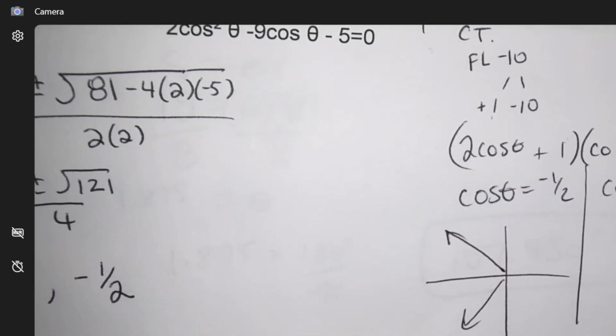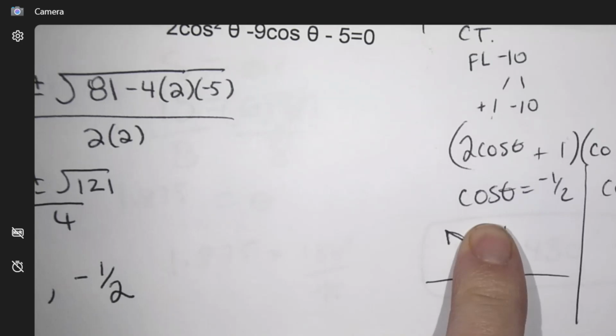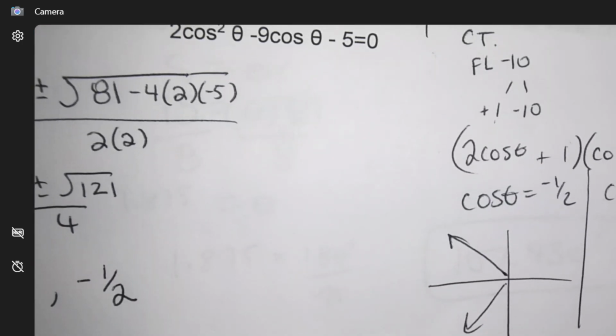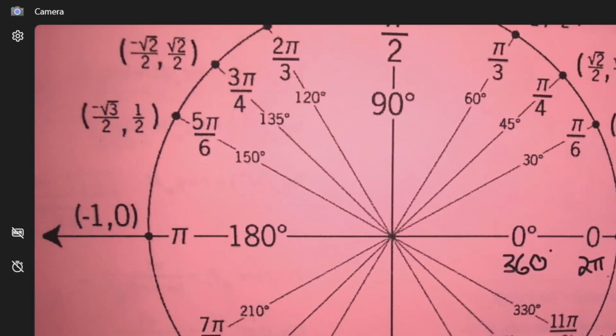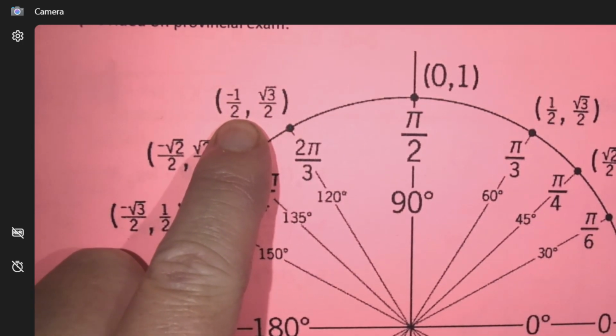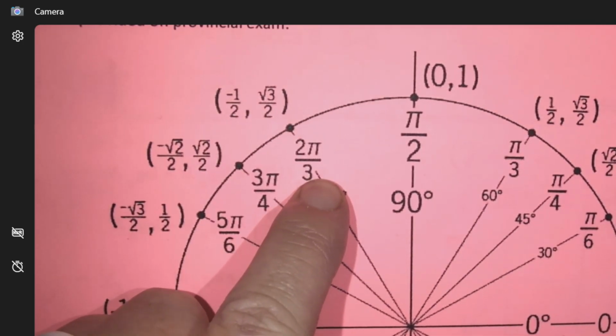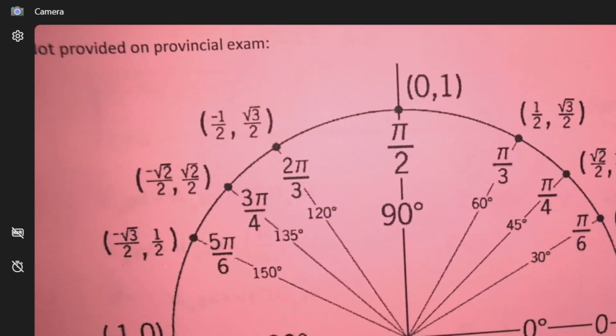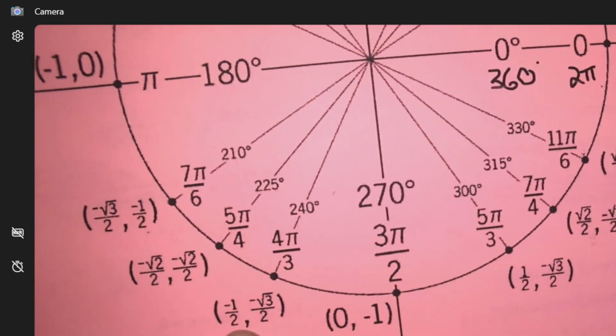And I recognize that on a unit circle. So what am I doing? I'm looking for cos, so I'm looking for x values. So I'm looking for x values of -1/2. So right there, so I have this marker, and right here.